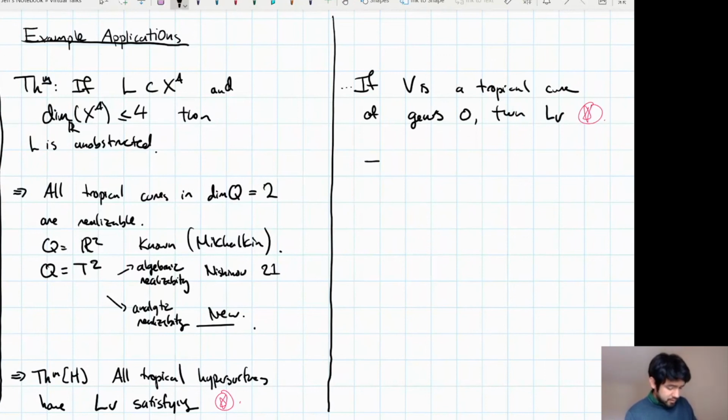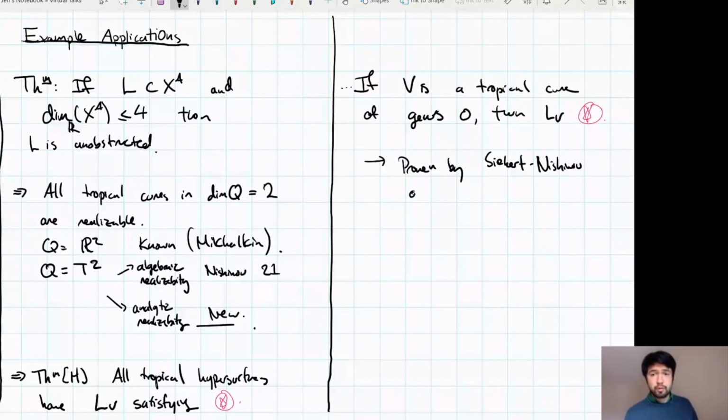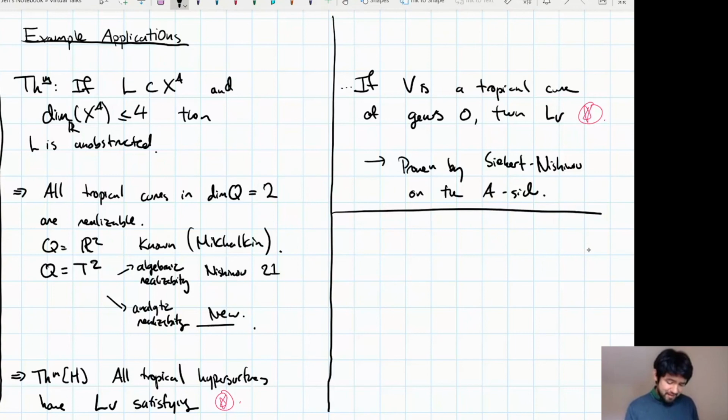This was proven by Siebert and Nishinou on the A side, so that every genus 0 tropical curve is realizable is a result which is known on the algebraic geometry side, but this gives a proof that uses completely different methods, and again seems to generalize beyond the case of Rn. Okay, I will stop there because I'm out of time, but thank you for listening.